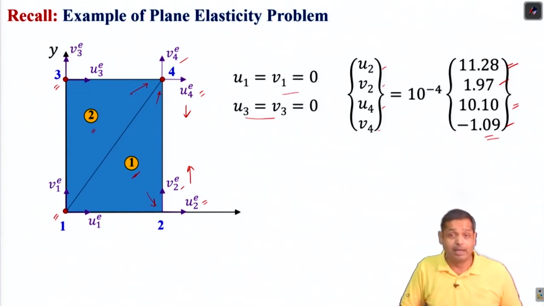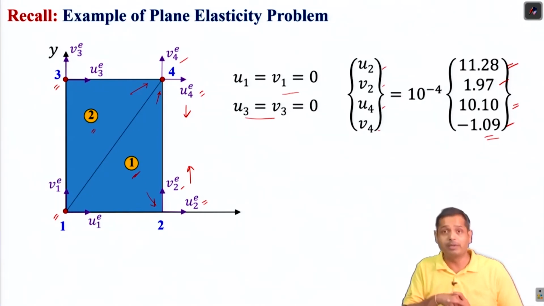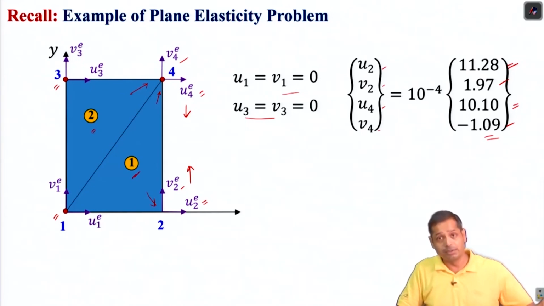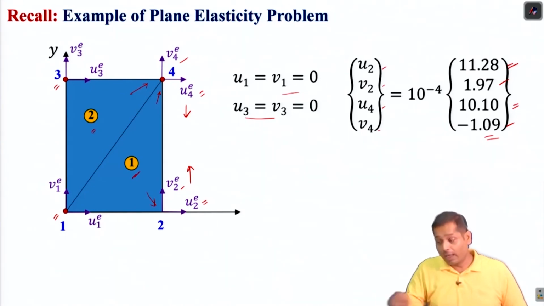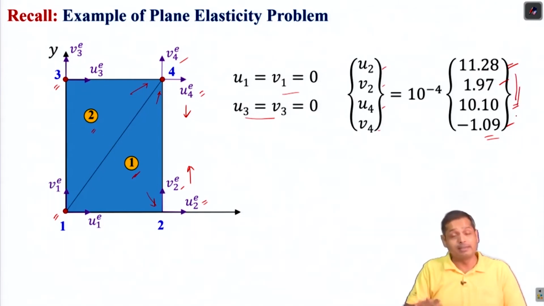If that doesn't happen, then there is a problem. For 2 elements, I understand there are discrepancies in the results, but as we keep on increasing the number of elements, two things must happen. One is it should converge to the true solution, and this discrepancy also must go. That exercise also we will do and check, right?